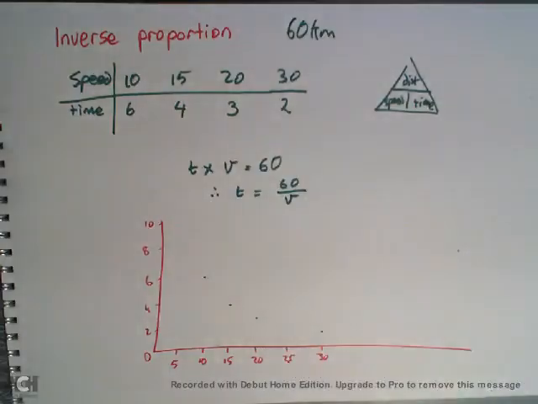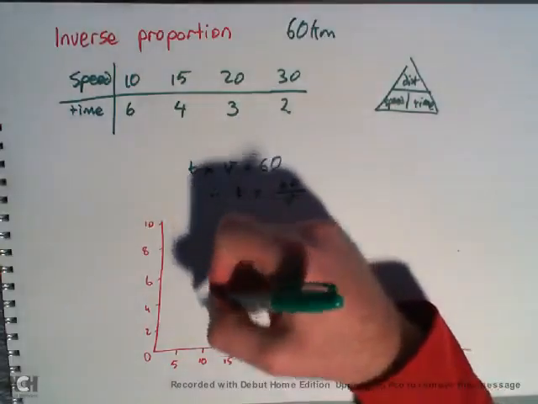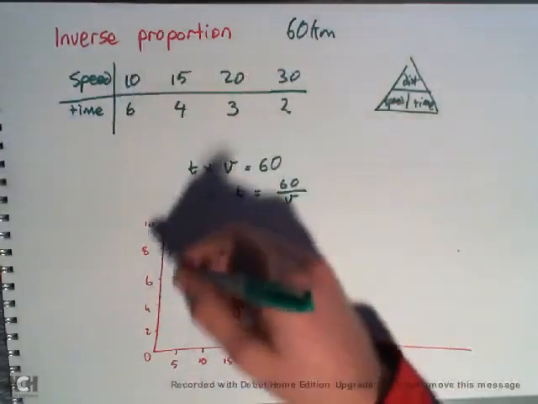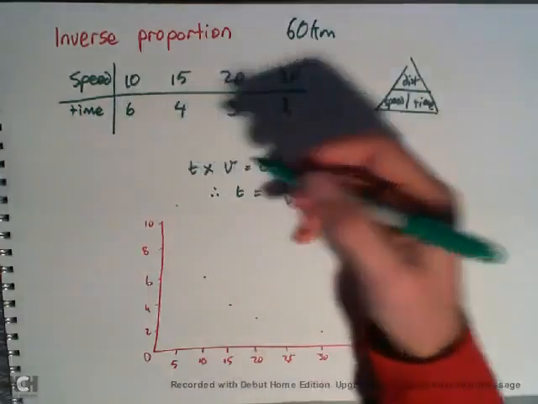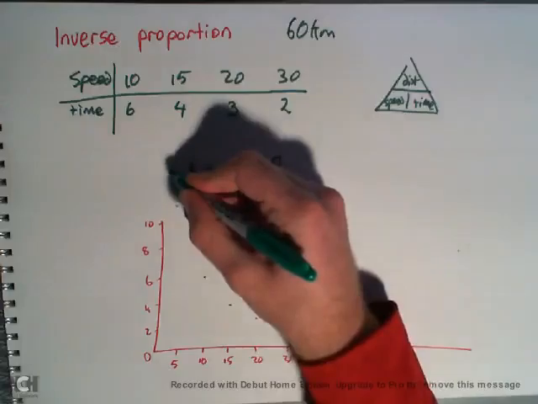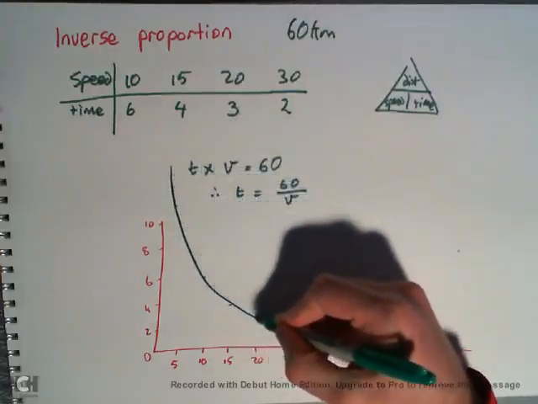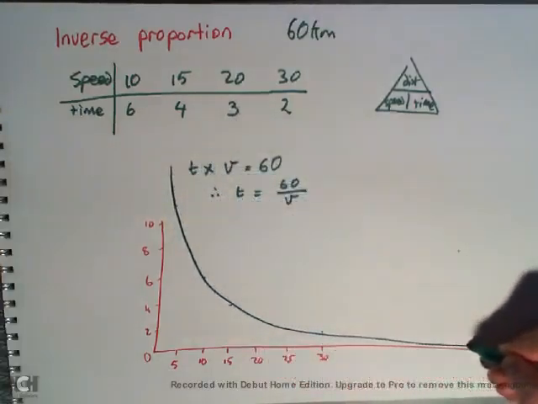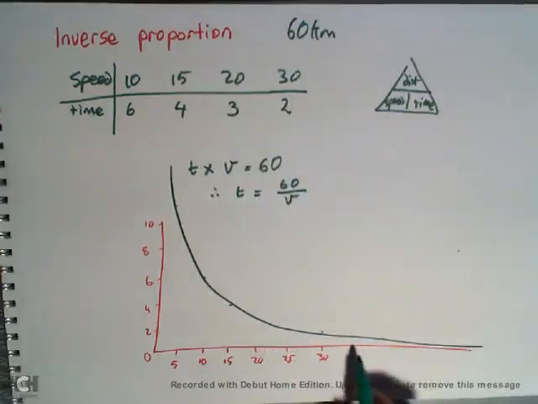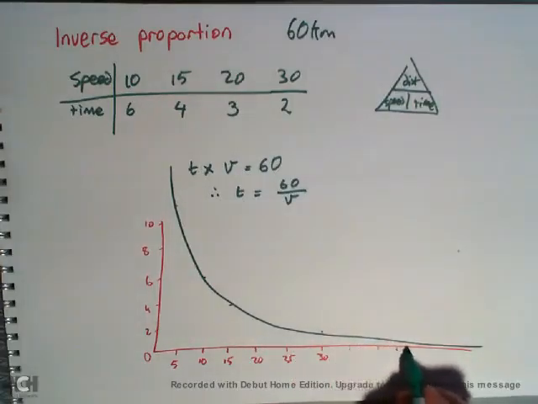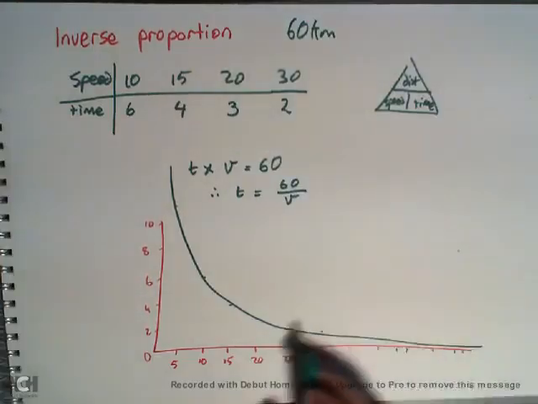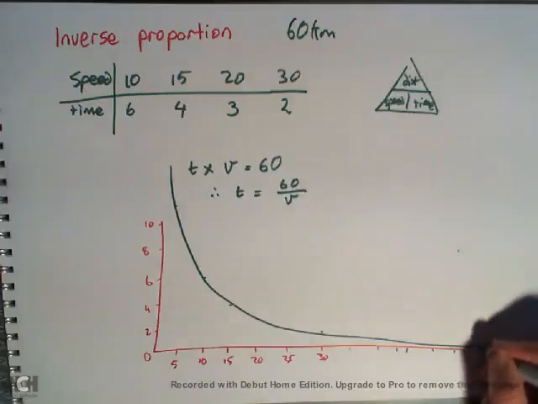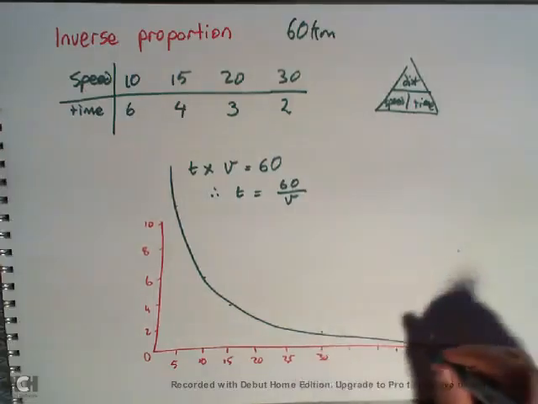Now, you can kind of see a shape forming. And if we had a 5, it's going to be somewhere up here at 12, I would assume. So we actually get this graph that we've just done. As we go along the x values, we get closer and closer to the x axis, which is where our horizontal asymptote lies.